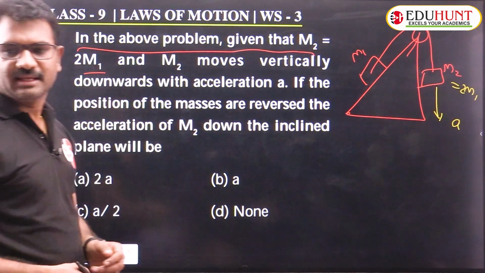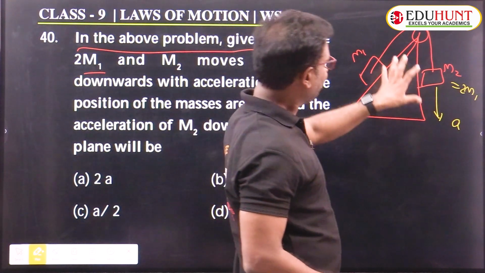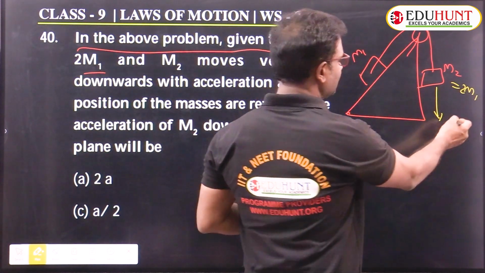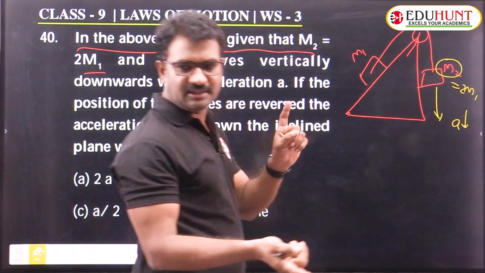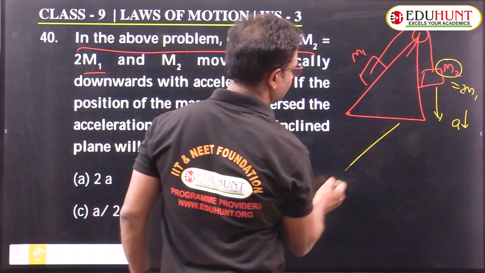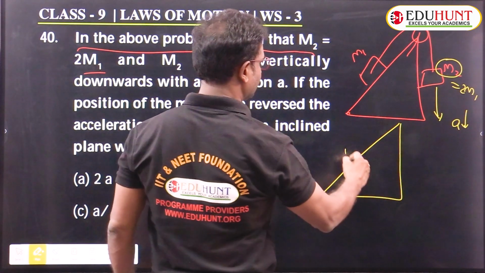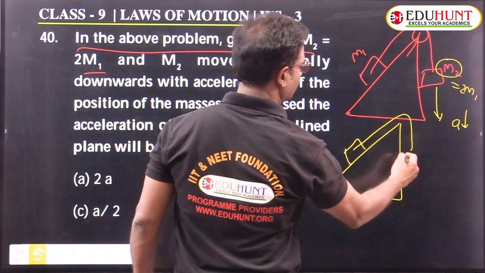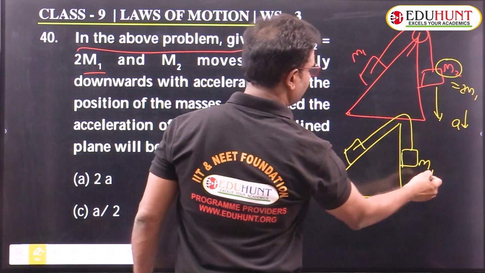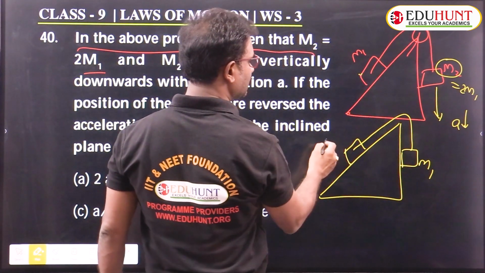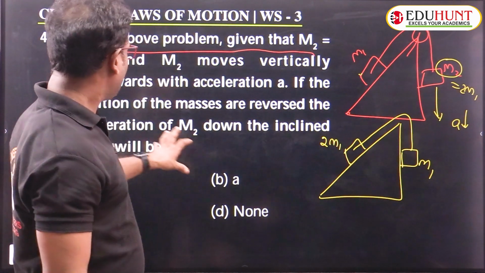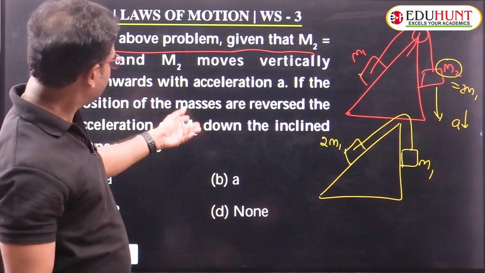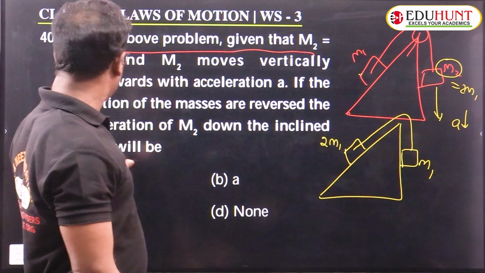The question is, if it is like this, the acceleration of this M2 is A. Now if the positions are reversed, it is made like this. This becomes M1 and this becomes M2, which is now 2M1. In this situation, what is the acceleration of M2 down the inclined plane?